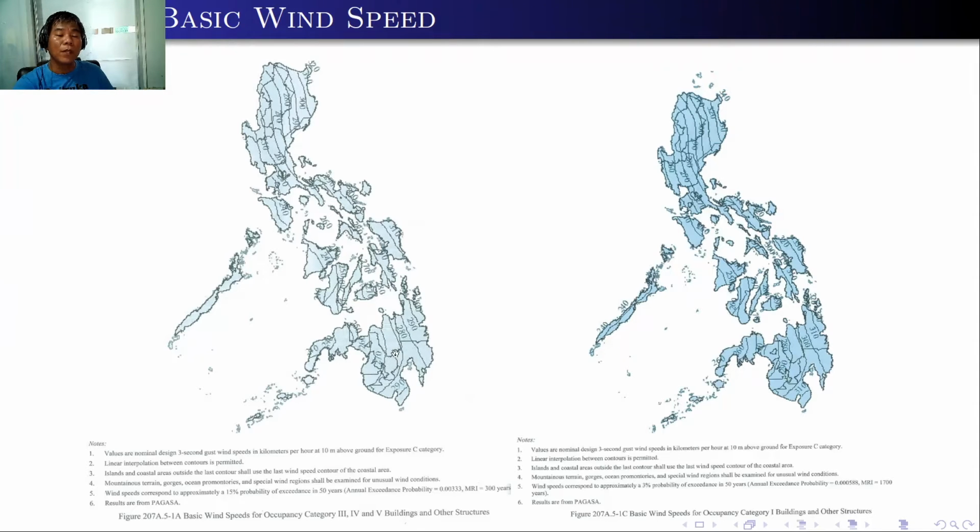For example, in Bukidnon, that's between 270 and 280. So that's 275 compared to 290 here. There's a big effect on that. So you need to consider the area or the location of your structure in determining the basic wind speed.